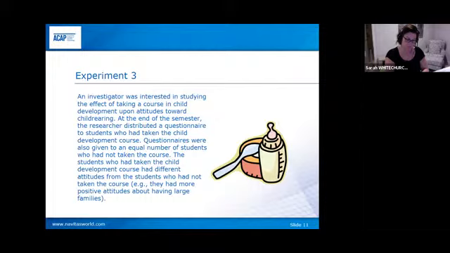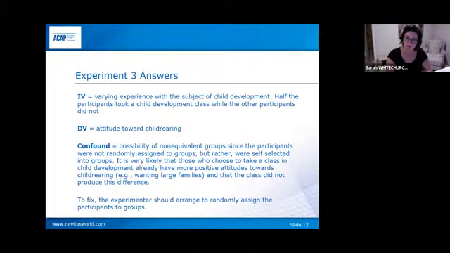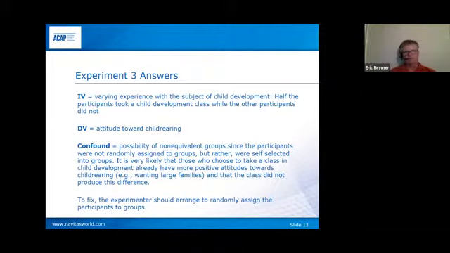The confounding factors we came up with were the participants' pre-existing attitudes towards child rearing or families, perhaps where they had come from themselves or whether they had children themselves, and the fact that the people doing the course chose to do it. So they would have had an interest anyway in child rearing.